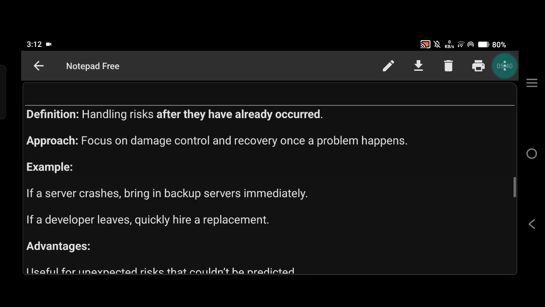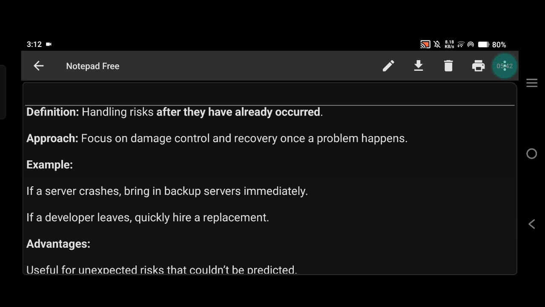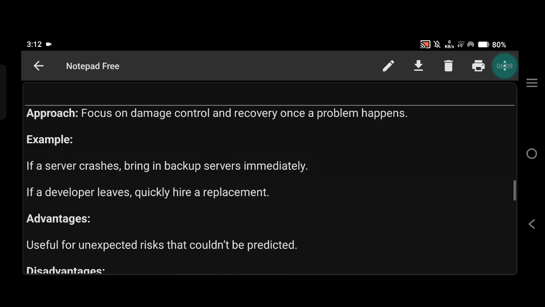For example, if a server crashes, we bring in a backup server immediately. Or if a developer suddenly leaves, we quickly hire a new replacement. Advantages of reactive management are that it is useful for unexpected risk. Okay, and the disadvantages are it can be costly, it may cause stress, delays, and even failures.